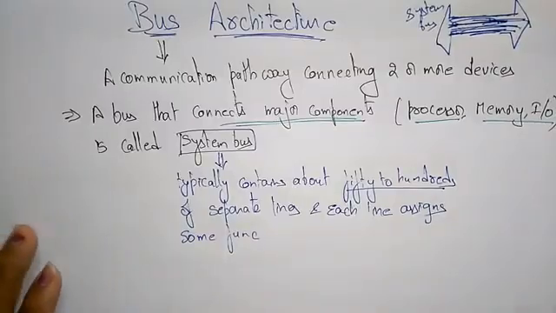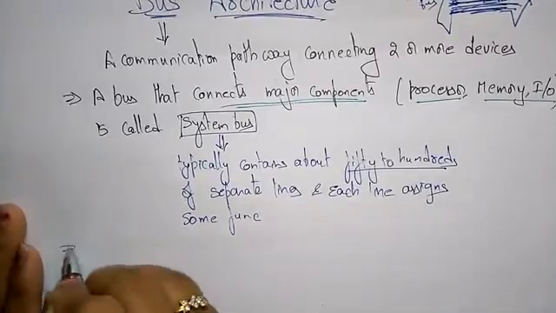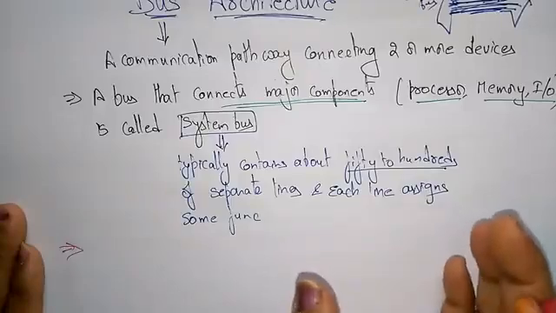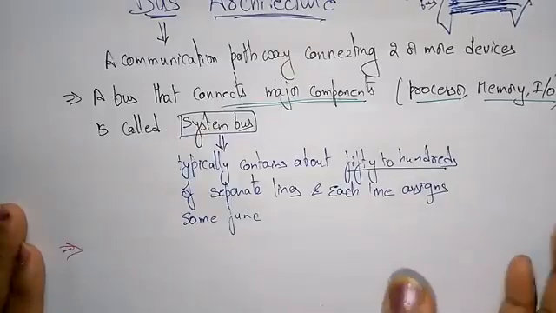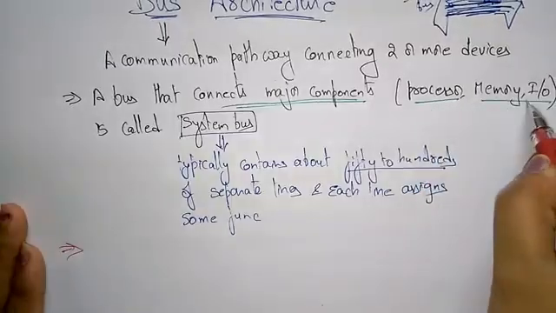Actually, a system bus is usually separated into three functional groups. Whatever the system bus is, it's just a connector between the major components: processor, memory and I/O.